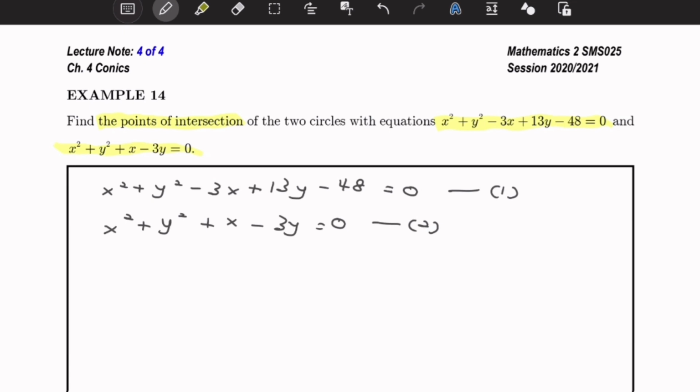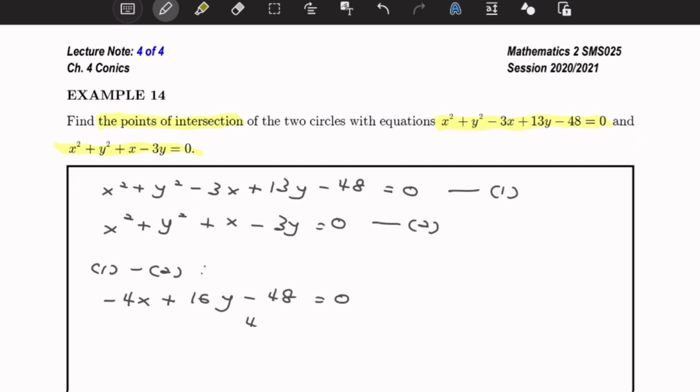In my opinion, the elimination method will help us very much for solving this simultaneous equation. So let's do the first equation minus the second equation. What we get is negative 4x plus 16y minus 48 equals 0.